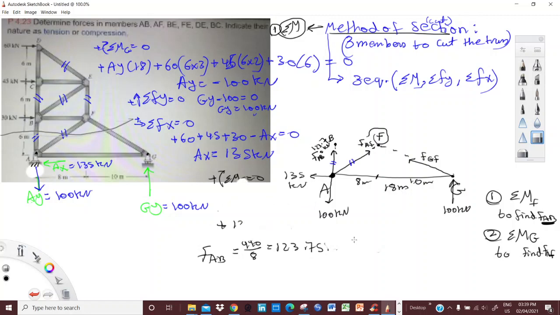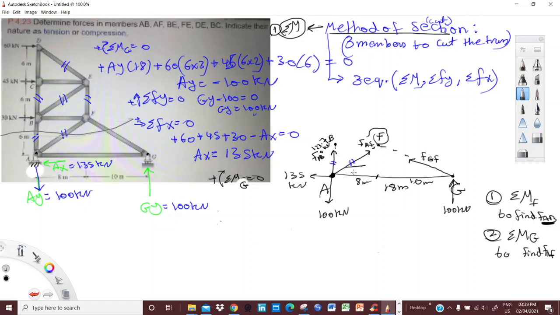So the next step is I need to find the moment at G. Let's do it here. Moment at G, clockwise positive. I need to resolve the force FAF.